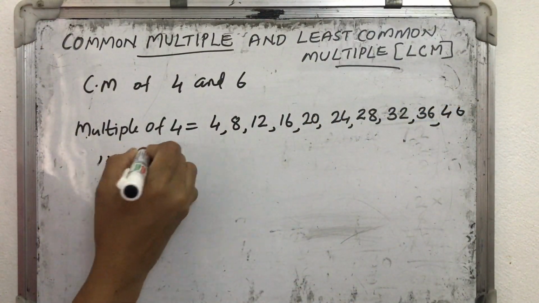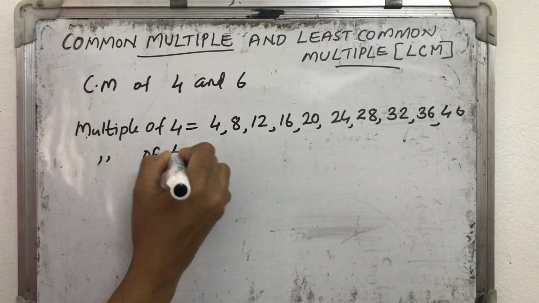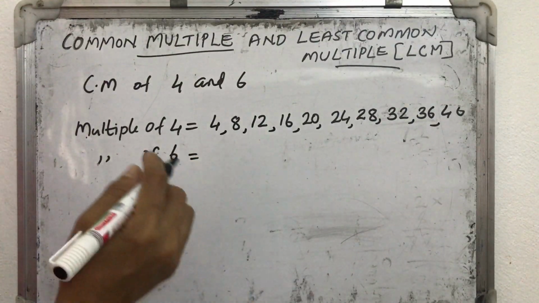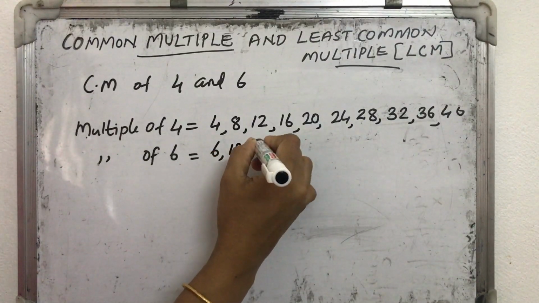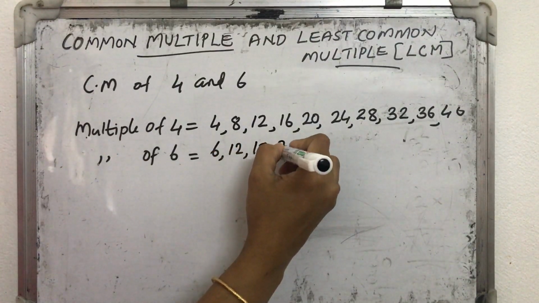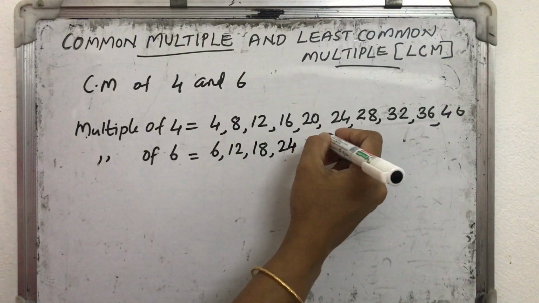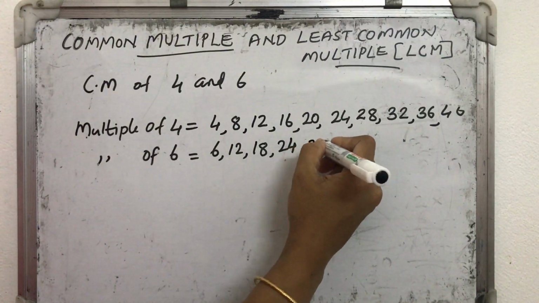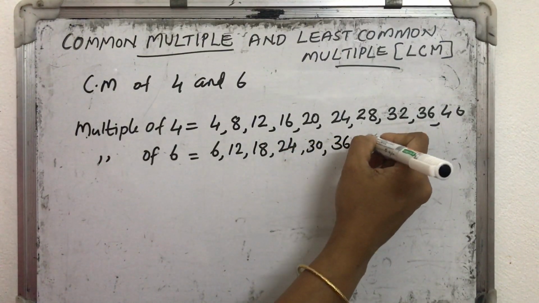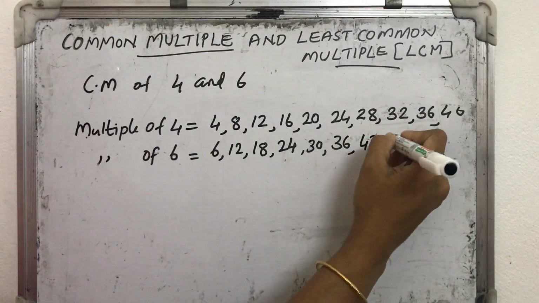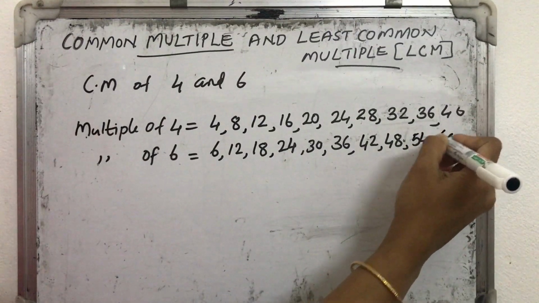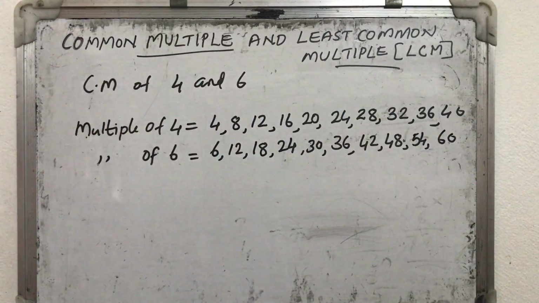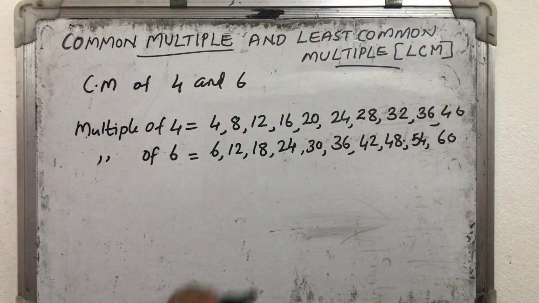Just like that, we can write the first 10 multiples of 6: 6, 12, 18, then 24, then 30, 36, 42, then 48, 54, 60. Then here we are finding the common numbers, that is, common multiples in these two numbers.